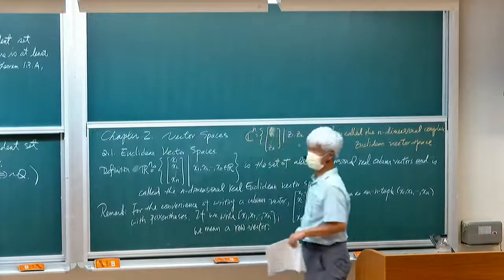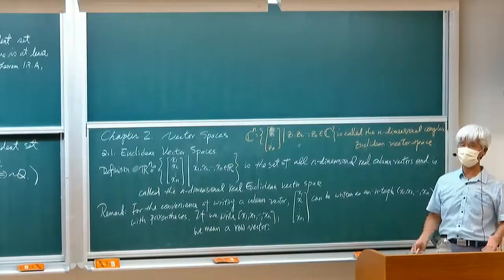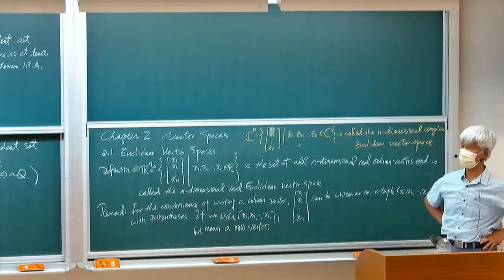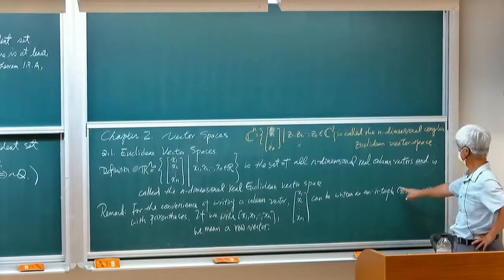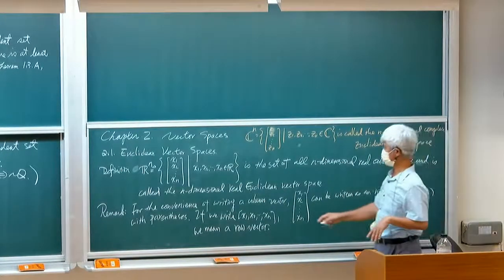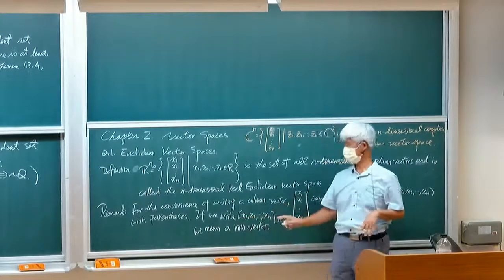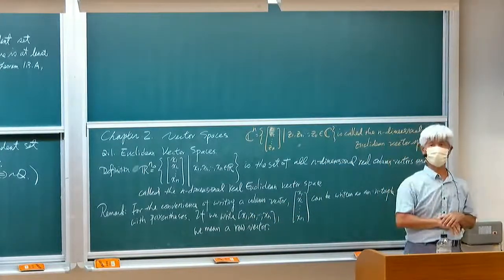All right, so it's just a convention for us to write column vectors using an n-tuple enclosed by parentheses. If we enclose by brackets, then it's interpreted as a row vector.